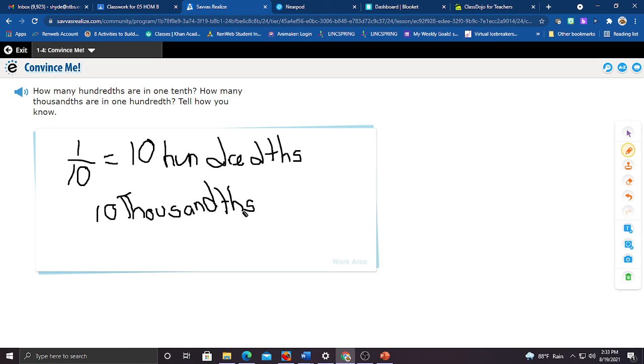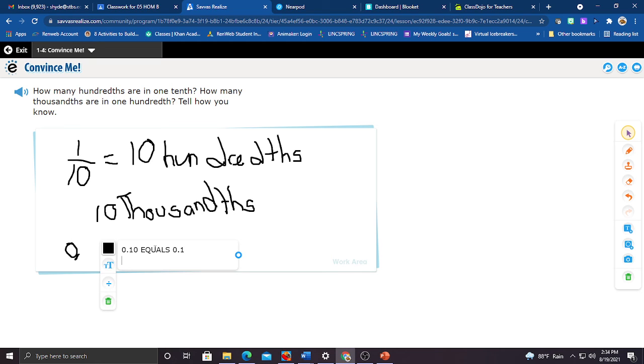Okay, so how do we know this? Because we know that both of these are equal when they are in decimal form. What does that mean? It means that if I have 0.10, it equals or is the same as 0.1.